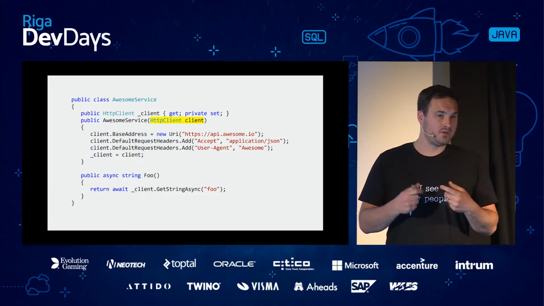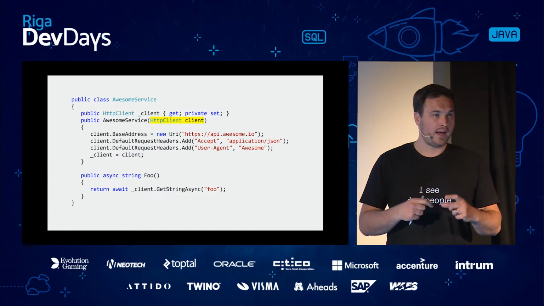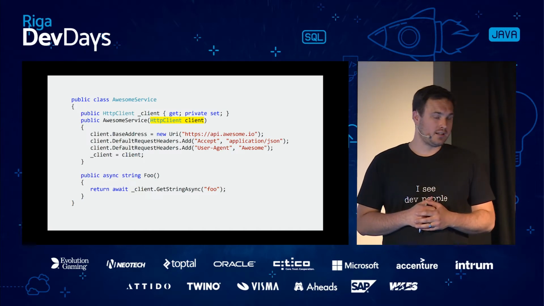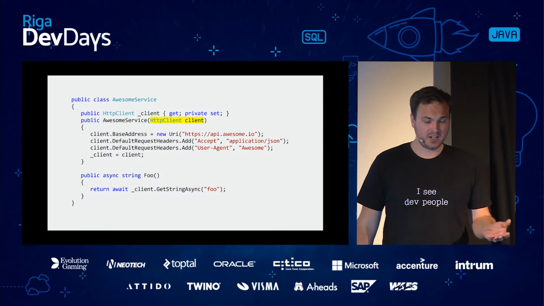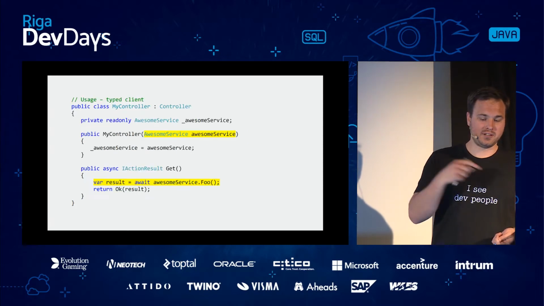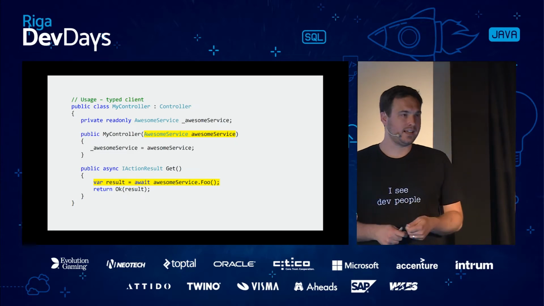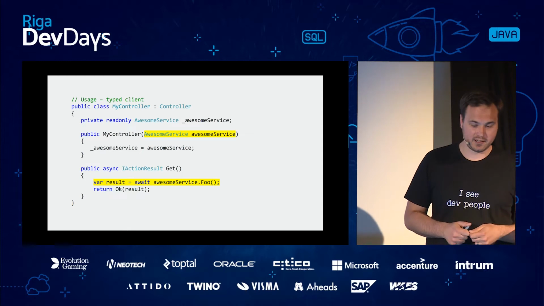You just use that instance to create your configuration, and then you have your strongly typed functions that you map to your actual calls out using the client. And then using it is even simpler. Instead of injecting the factory, you now just inject the service instance, and then just use it as it is, .foo as a function and not a generic request thing.